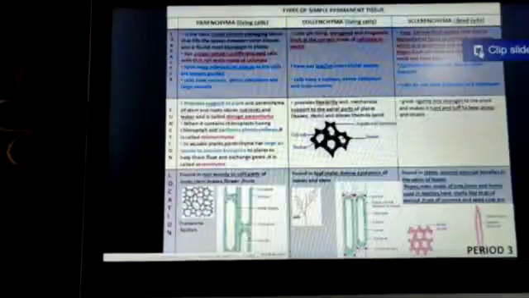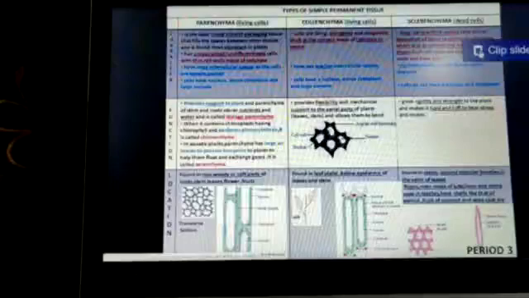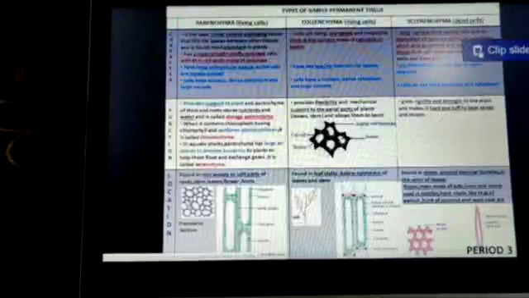Okay, so first one, parenchyma. It is a very simple kind of living tissue which helps in packaging, and they are present in large quantity in the plant body. So first parameter: parenchyma, living cell; collenchyma, living; sclerenchyma, dead.